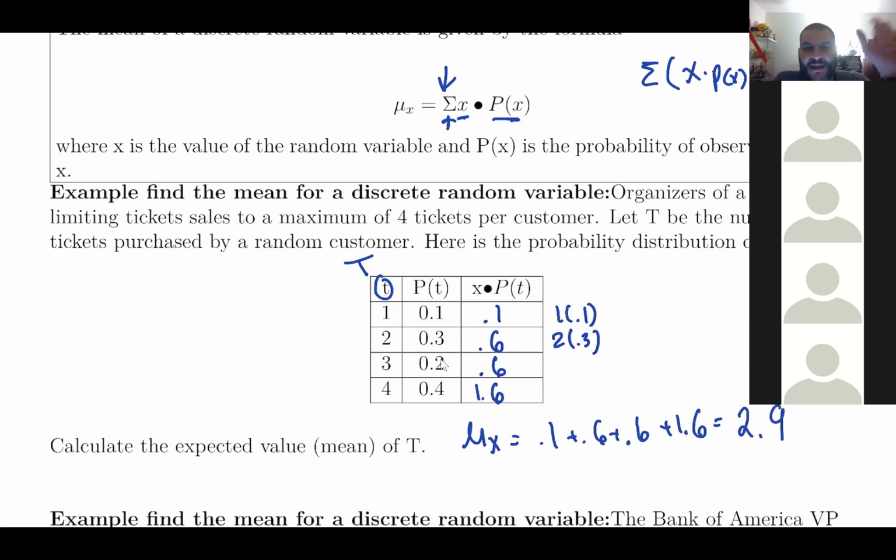So 2.9 is my average. On average, if somebody is buying tickets for a concert, they buy 2.9 tickets. But it's kind of impossible for them to buy 2.9 tickets. Either they bought the entire ticket or they didn't buy the ticket. So for this one, we could say on average, they buy 3 tickets. And that's it. Any question in regard to how to find the mean for that first problem?